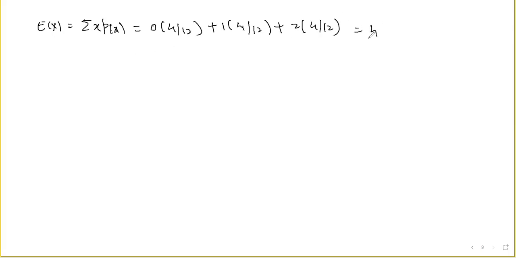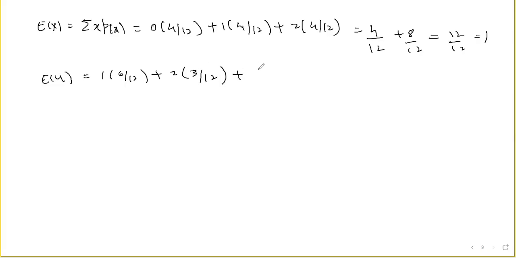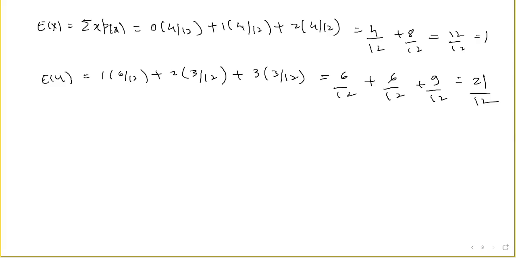This is nothing but 4 by 12 plus 8 by 12, which is 12 by 12, which is 1. Now to find expected value of y, we have y value 1 with probability 6 by 12, 2 with 3 by 12, plus 3 with 3 by 12. So this is 6 by 12, 6 by 12, 9 by 12, that is 21 by 12.